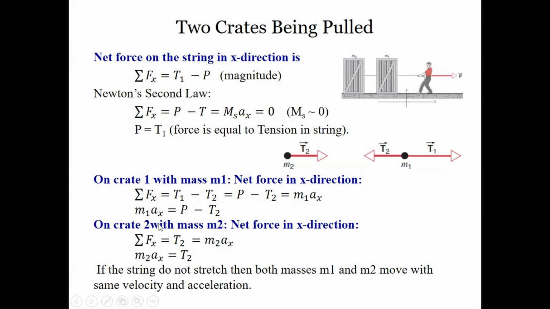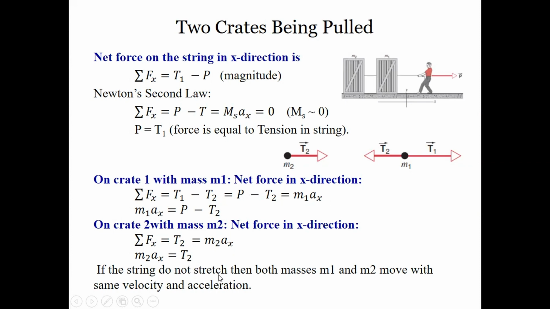So we can write M1 AX equal to P minus T2. This is the final equation for the crate 1. Similarly, for crate 2, the net force in the x direction is T2, and that is equal to mass times acceleration. M2 times AX is equal to T2.